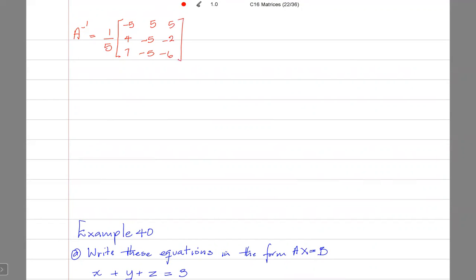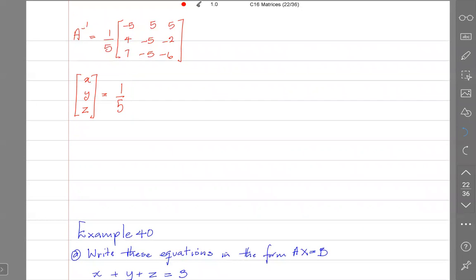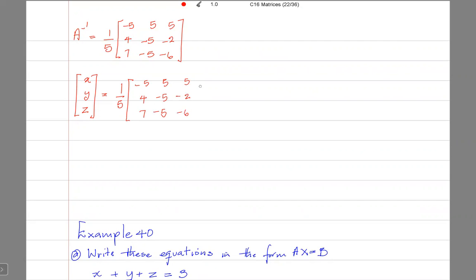So that's A inverse. So therefore X, Y, and Z is equal to A inverse, 1 over 5, times B. All right, what was B again?